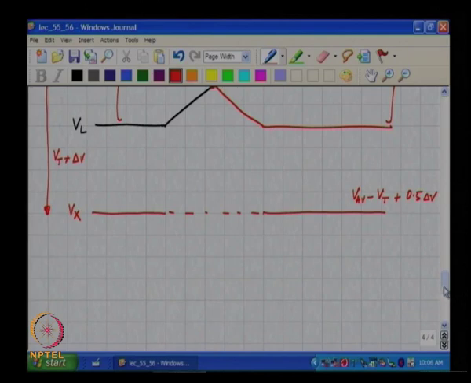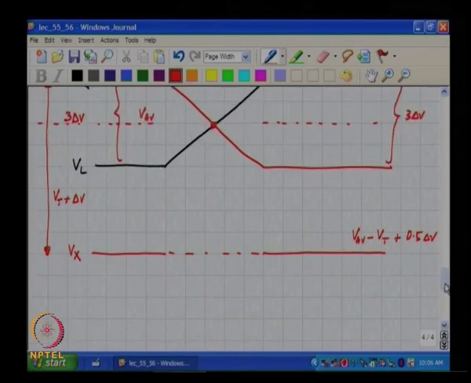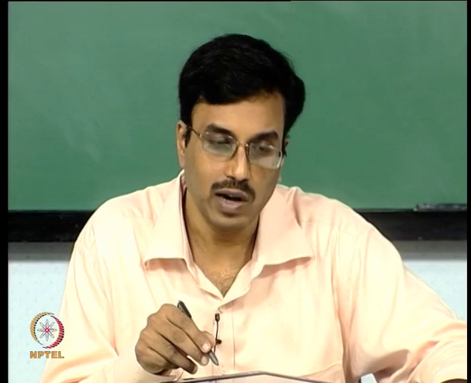Whereas the middle voltage, what will be the voltage Vx at the cross point of the two waveforms? It will be V average minus Vt minus delta V by root 2, correct. So, do you think the waveform in the middle will dip or will rise?